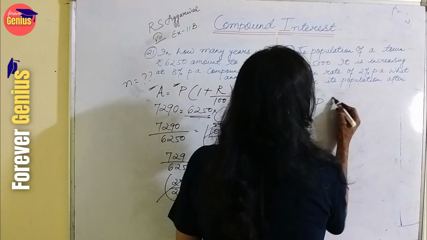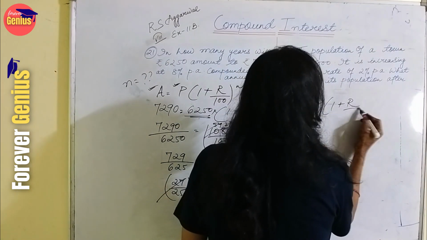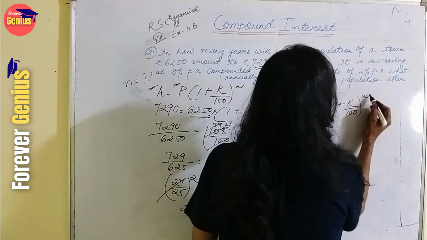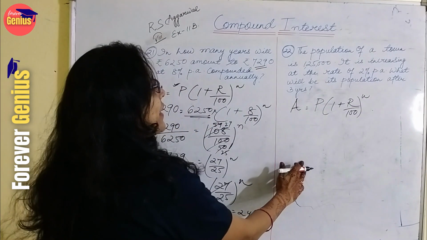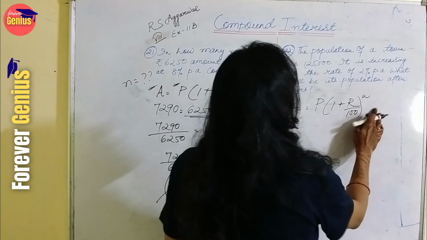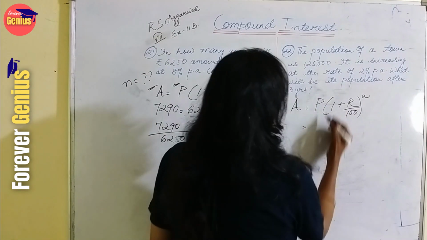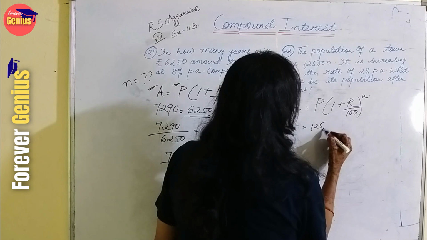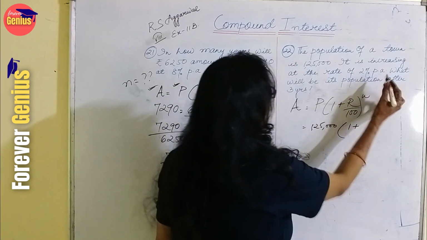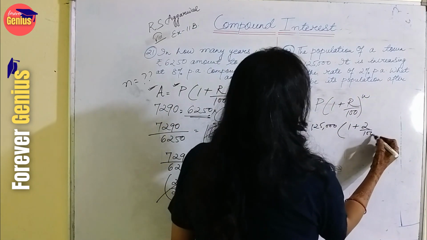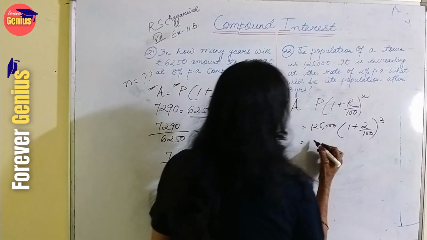So A is equal to P into (1 plus R by 100) to the power n. We have to find the amount. All the things have been given to us. So this is 1,25,000 into (1 plus 2 by 100) to the power 3.